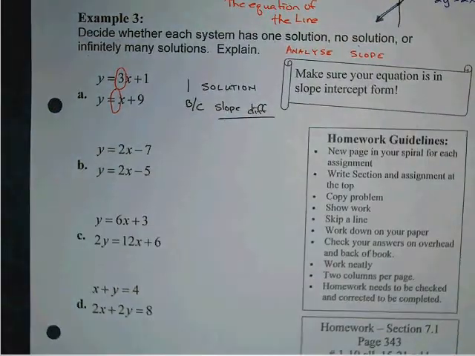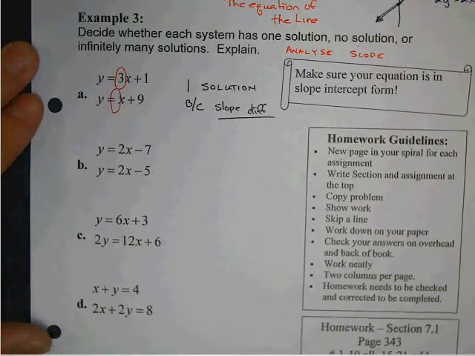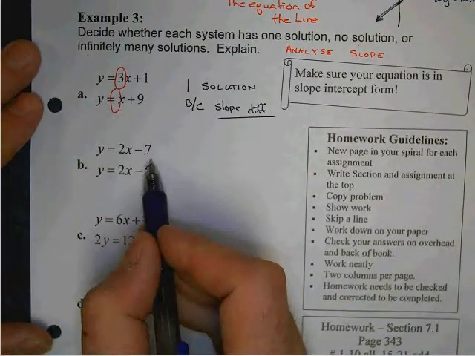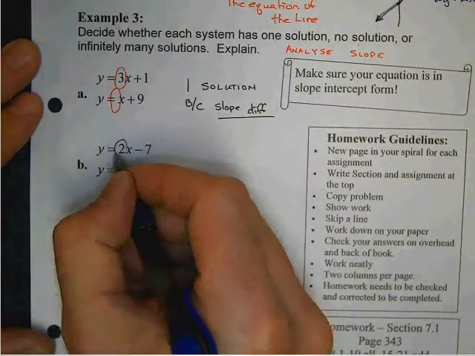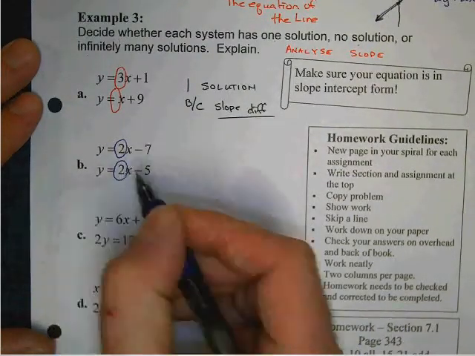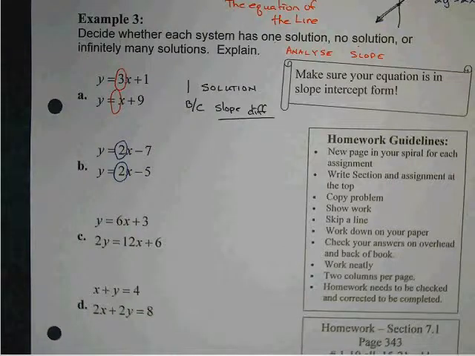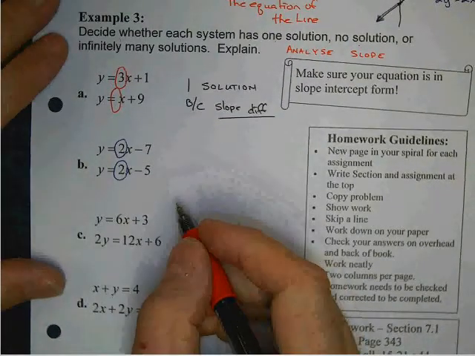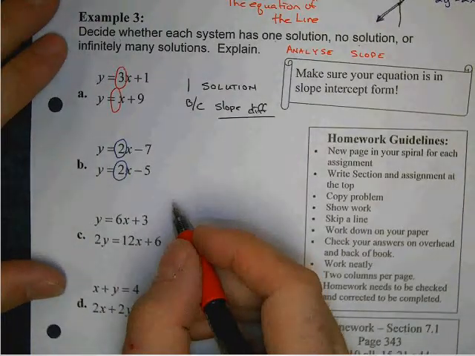All right, let's look at part B. Jalan, what's my slope of the first one? 2. Jalan, what's my slope of the second one? 2. Is that enough information to answer the question? It's either this or this. Good, Ryan. Which one is it? Why? Luke? Because the y-intercept.